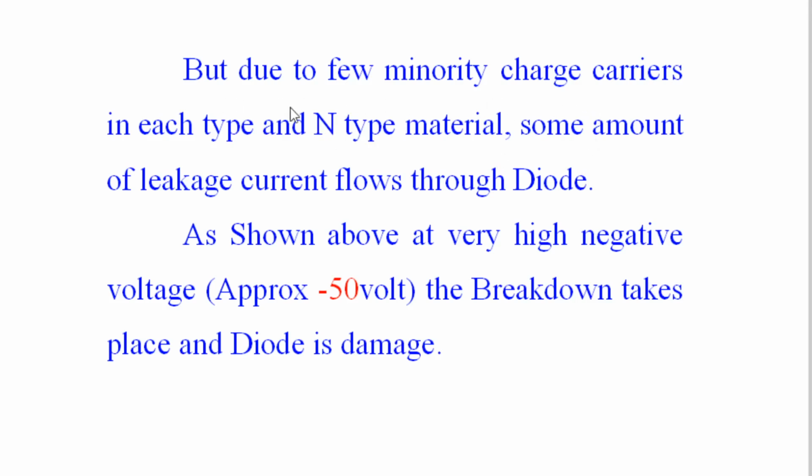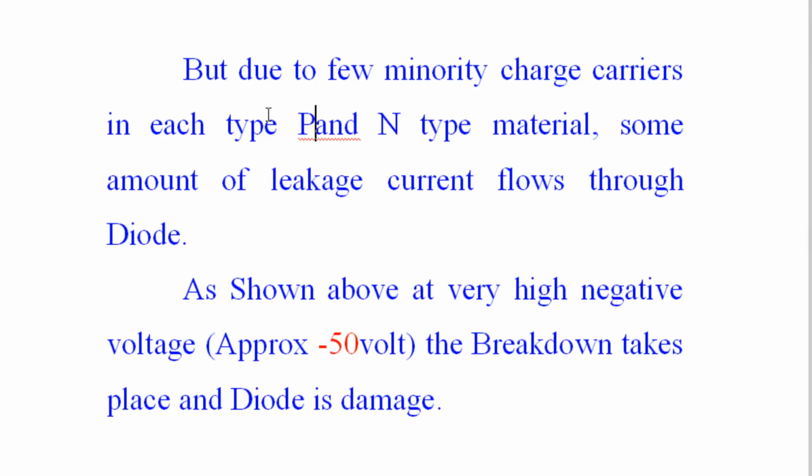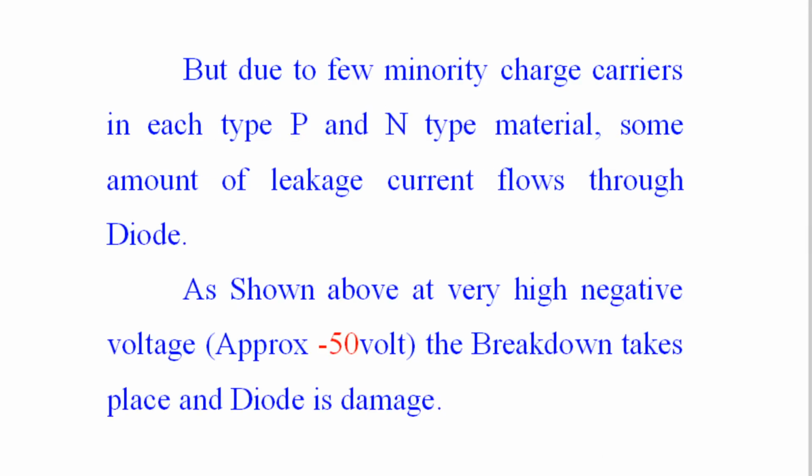But due to few minority charge carriers in each type, that is p-type and n-type material, some amount of leakage current flows through the diode.